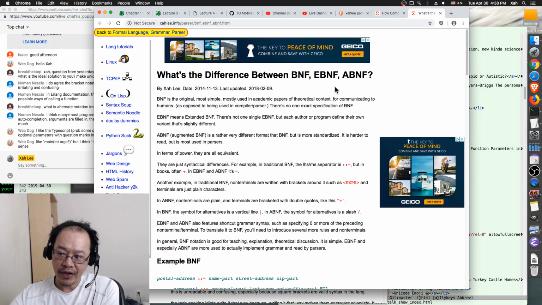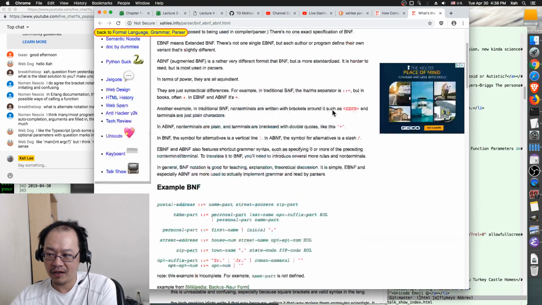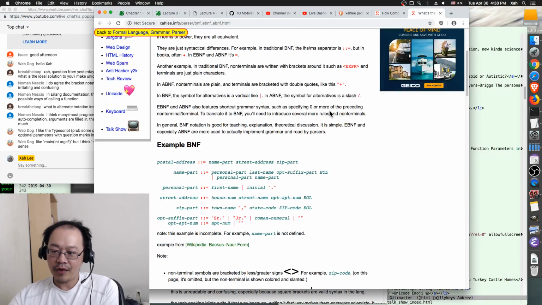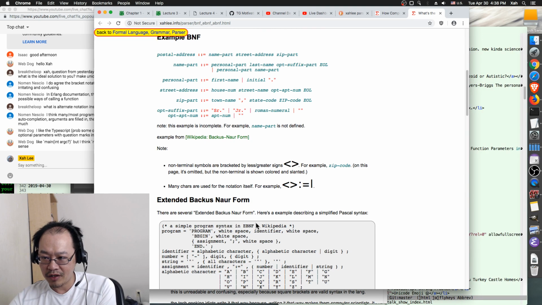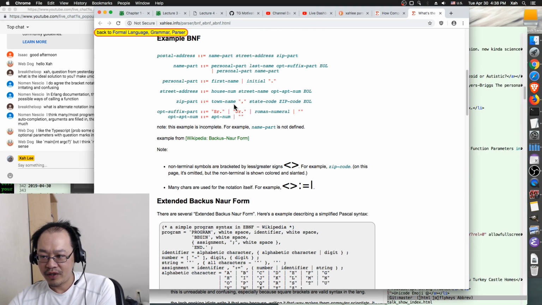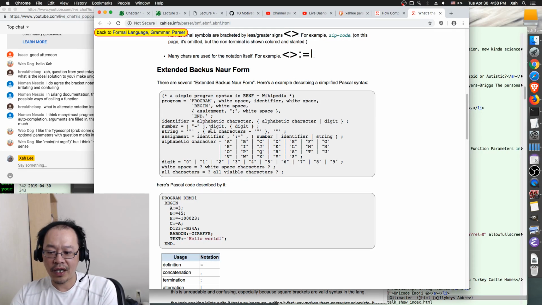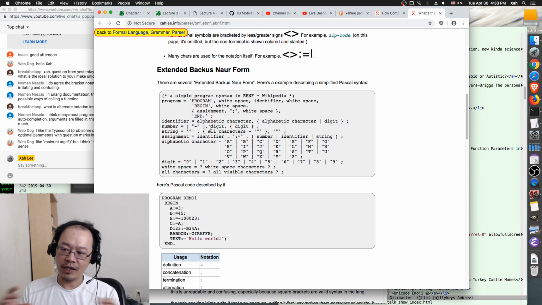Now there are several variations: BNF, EBNF, ABNF. These three are the major variations. Anyway, in this grammar, the bracket notation, let's see if we can see an example here. The square bracket is used to indicate an optional sequence of symbols.